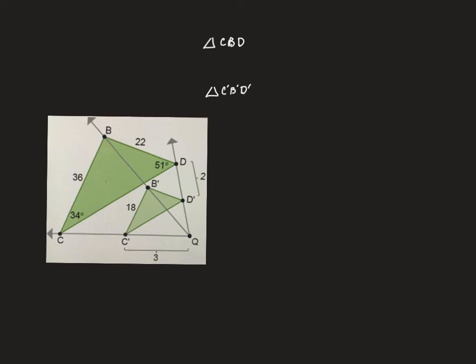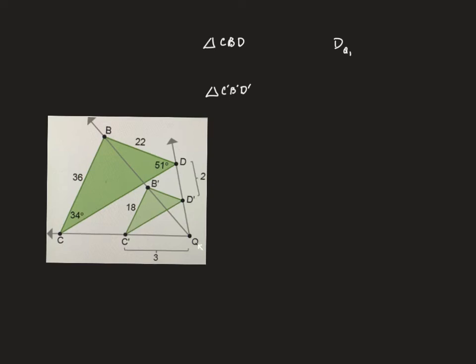And I want to figure out what my dilation rule is. What I can do is remember my scale factor, so I'm going to be looking at a dilation. And where is my center of dilation? It looks like it is going to be point Q again.